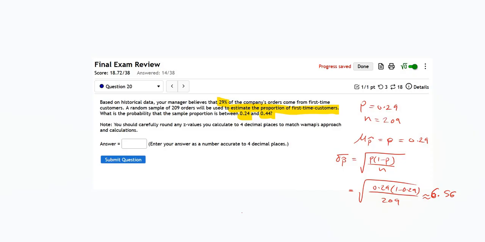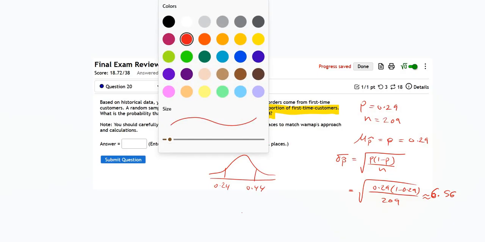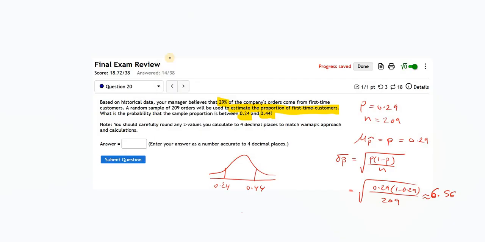So in order to figure out the probability that the proportion is between 0.24 and 0.44, so 0.24 is here, 0.44 is here, and remember that the mean is exactly in the middle, which is 0.29.